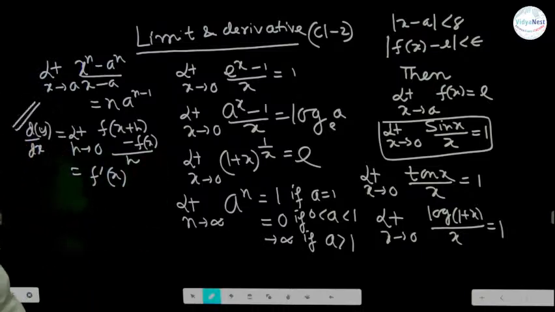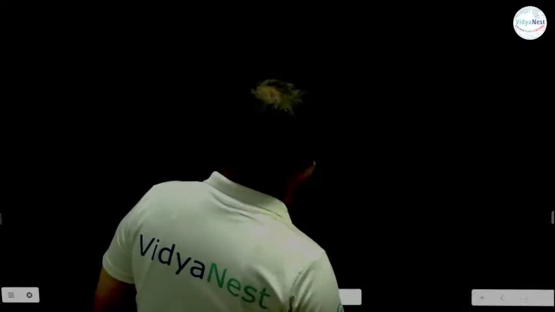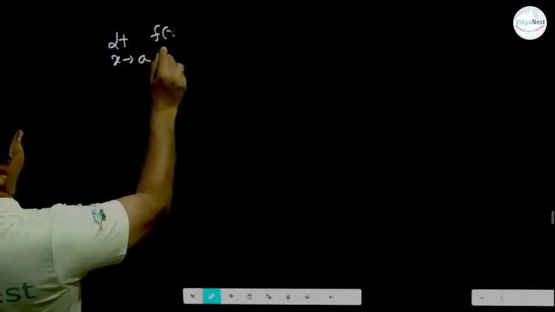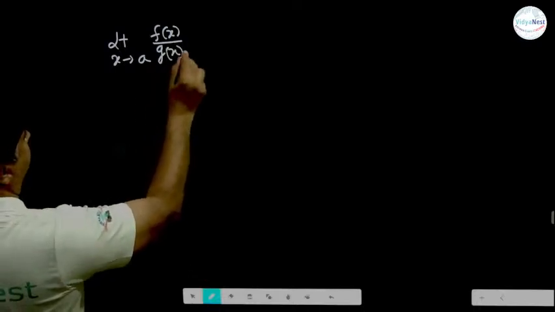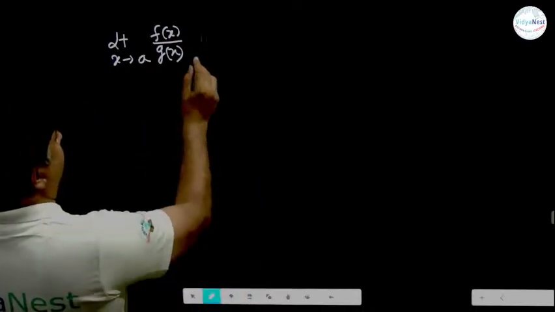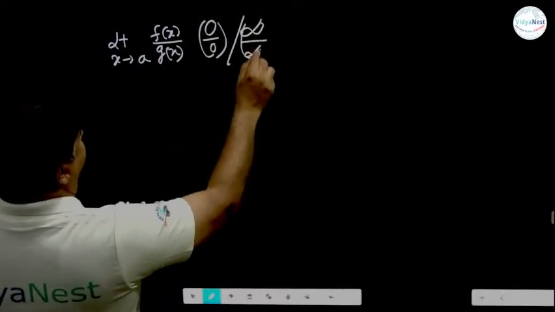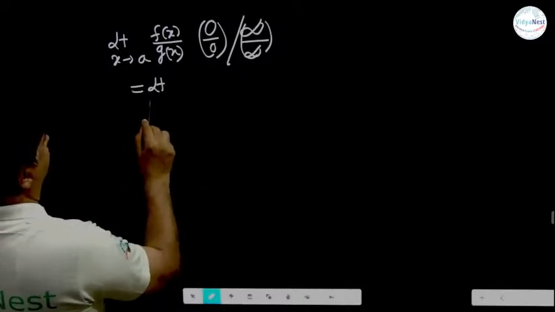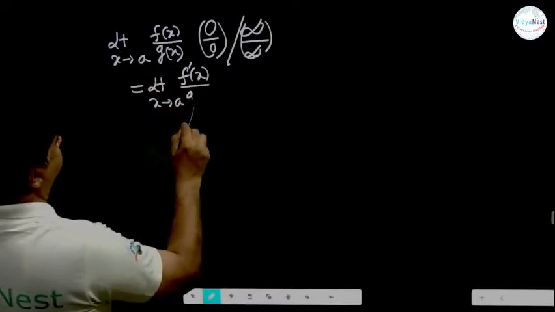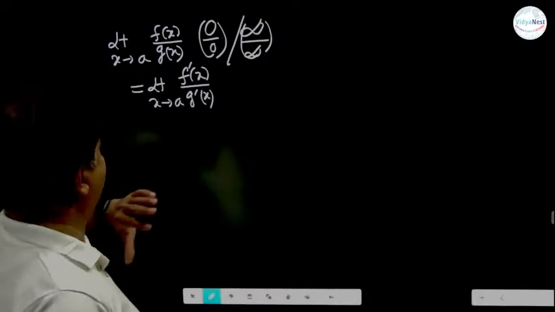And we got this thing, that if limit x tends to a, f(x) by g(x), after putting a in place of x, if you get 0 by 0 or infinity by infinity form, then keep on differentiating the numerator and denominator unless and until that 0 from the denominator gets removed.